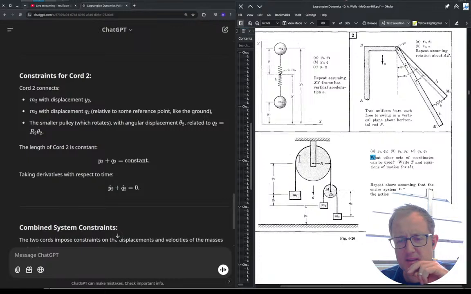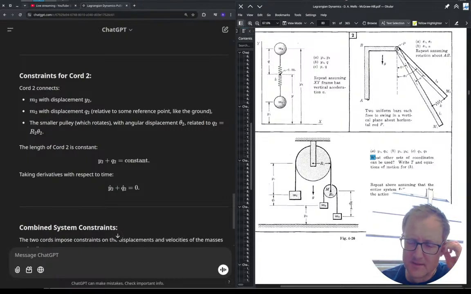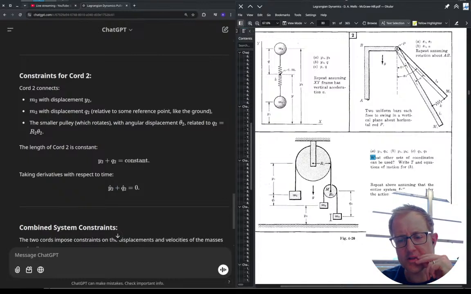Oh, is it saying q2 plus, yeah, I don't know. y2 plus q2. So y2 and q2, those are not constant either.